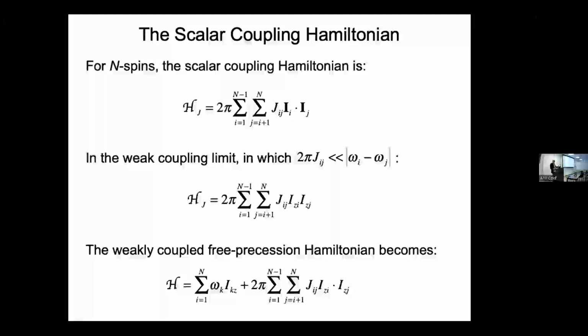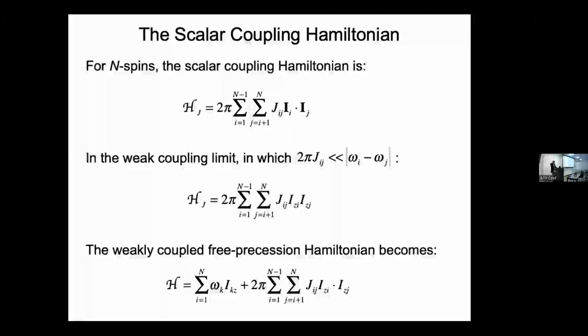Or you can calculate the J couplings and then calculate the chemical shifts. In the strong coupling limit, that's not the case, because we'd have a term like IX, SX, and IZ doesn't commute with IX. And the calculations then become substantially more complicated.